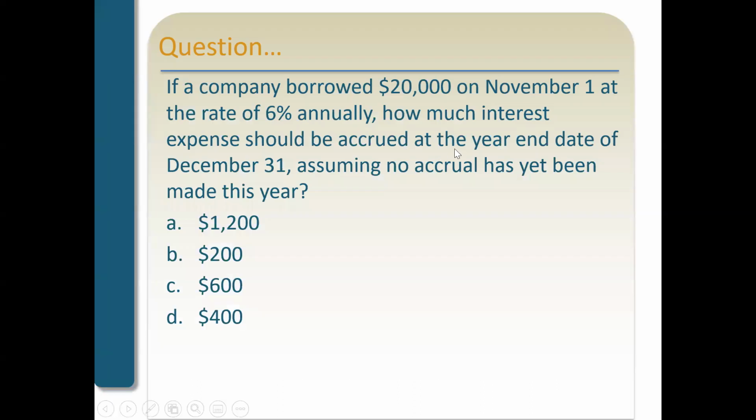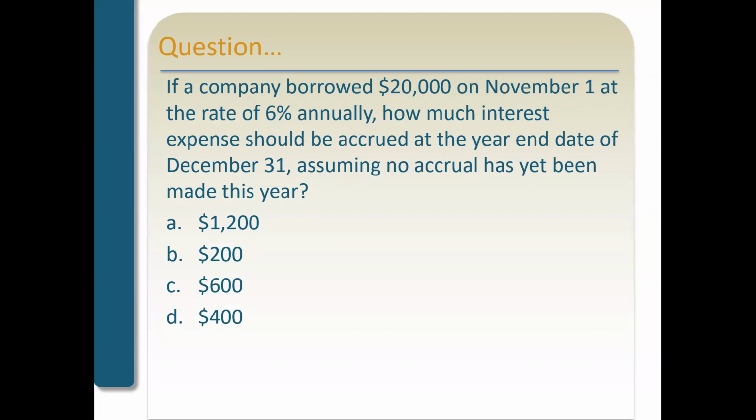How about this one? I want everyone to attempt this on your own. Okay? If a company borrowed $20,000 on November 1st at the rate of 6% annually, you're going to figure it out like I just did up here.